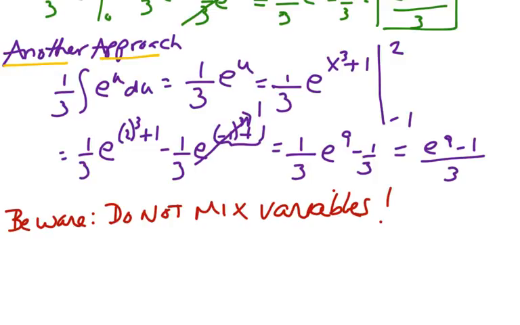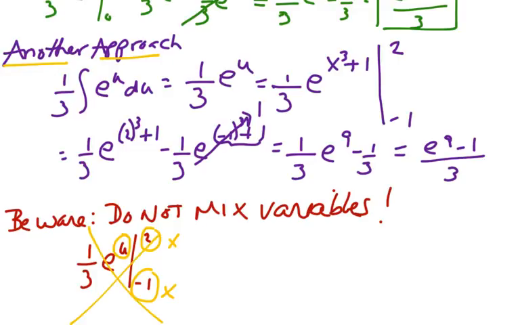It would be an error to evaluate this integral like this, because these limits of integration are x's, and this is u. So don't do this. That's a common mistake that I see all the time.